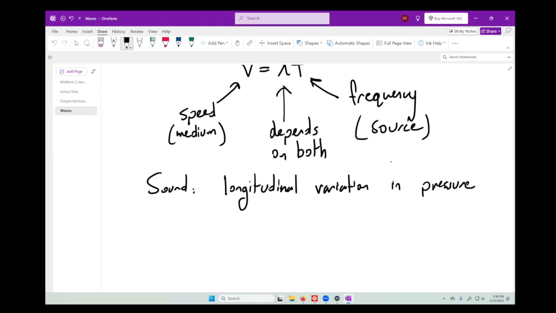And we can think about the variation that we have as being a variation in the pressure in the medium, where when we have regions where the particles get more spread out, the pressure goes down, and when the particles get compressed together, the pressure goes up.